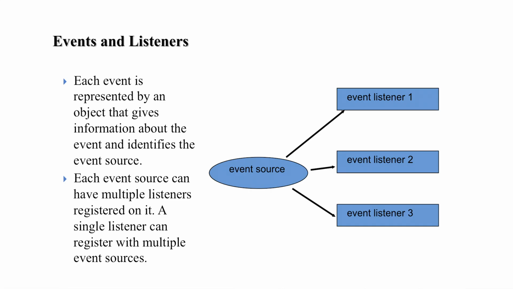Each event is represented by an object which gives information about the event and identifies the event source from where it is generated. An event source can have multiple listeners registered on it, and a single listener can register with multiple event sources. So we can use a number of event sources with one single event listener.